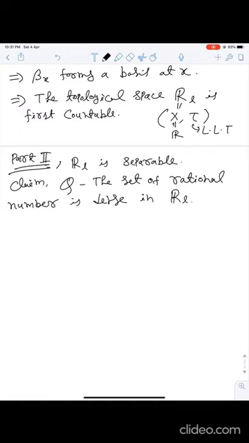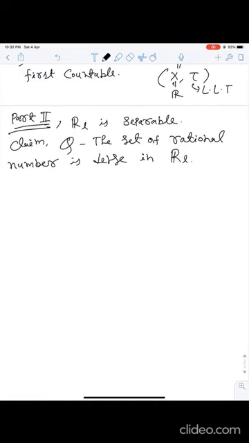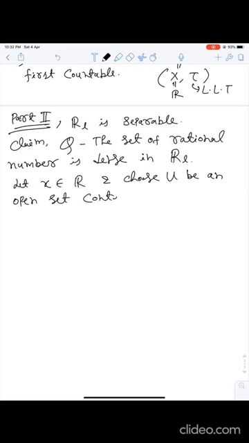Why is it dense in RL? Because again, let x be an arbitrary point in R and choose U to be an open set containing x, right?